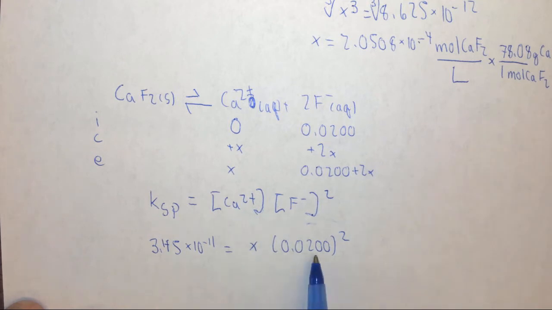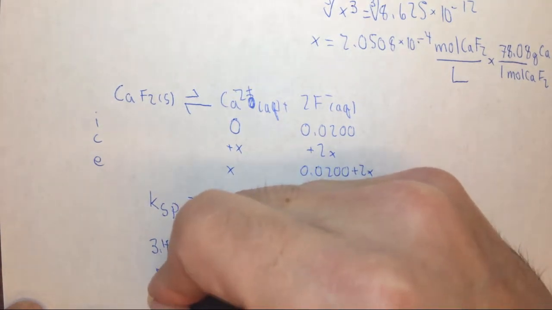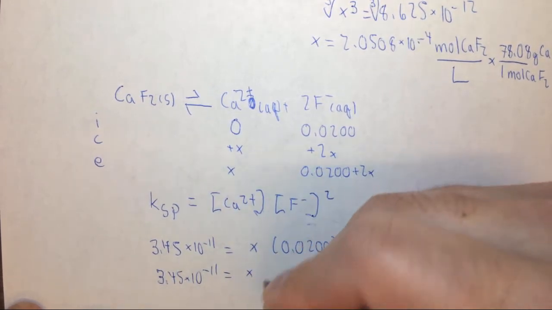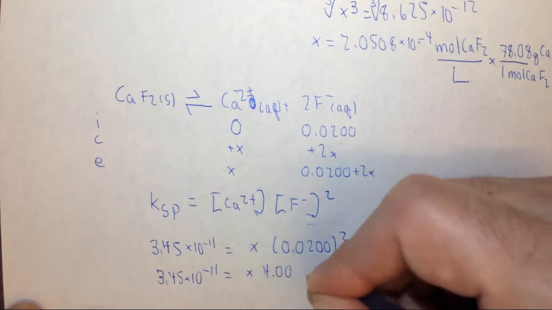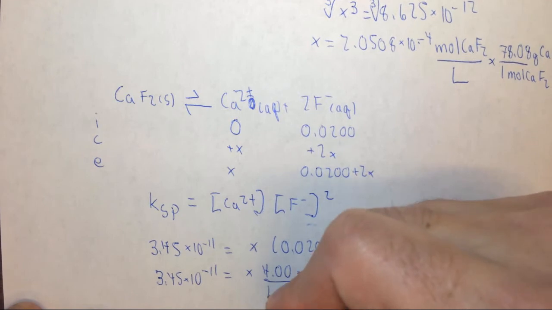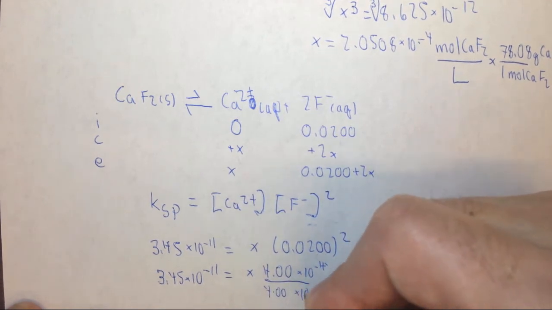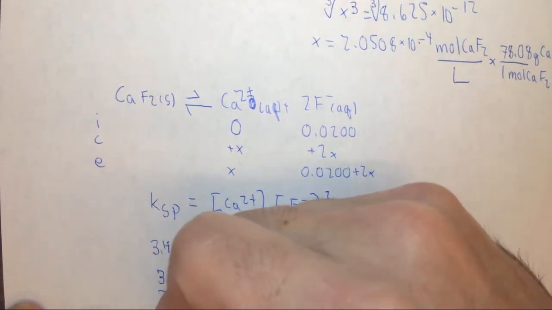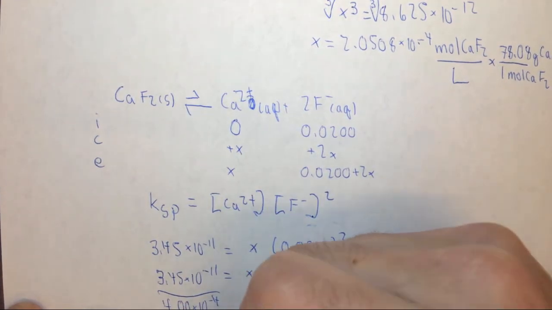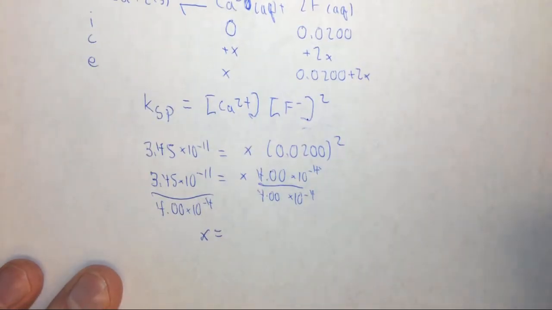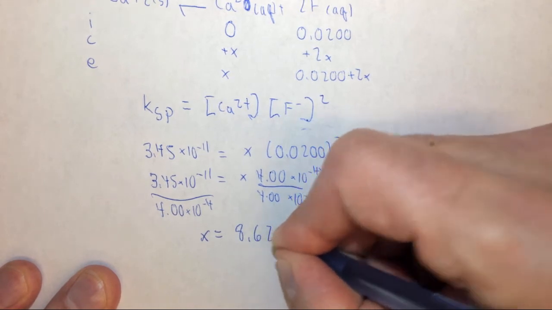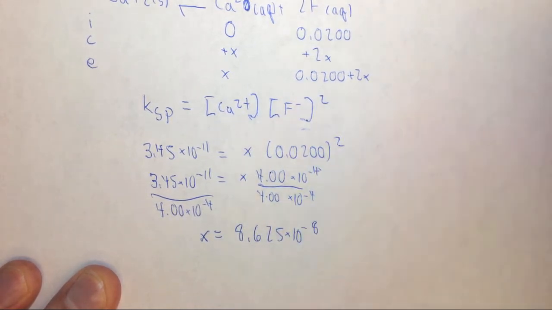Now we solve for x, so square this. 3.45 times 10 to the minus 11 equals x times 4.00 times 10 to the minus 4. Divide by 4 times 10 to the minus 4. And what you find is that x equals 8.625 times 10 to the minus 8.